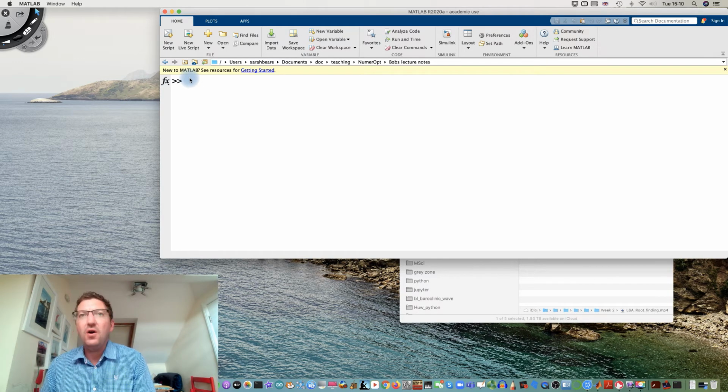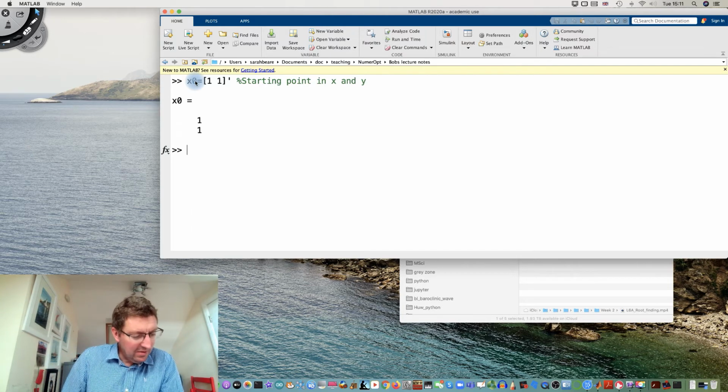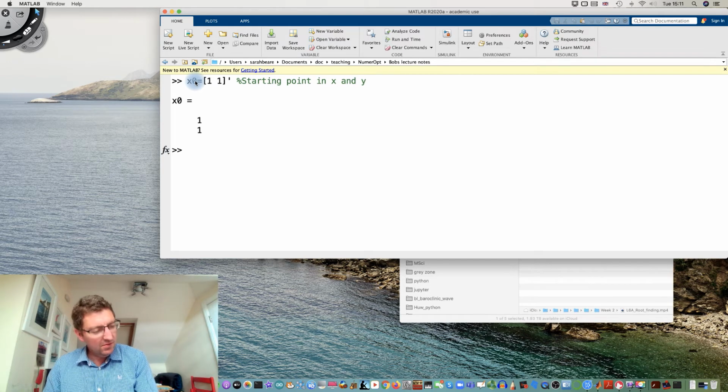In MATLAB, I'm going to define x0, the starting point, and it's going to be 1, 1, and it's a column vector, so I transpose it. This is the starting point in x and y. So that's no surprise. Then I'm going to define a Jacobian at 1, 1, which is minus 4, minus 4 on the top row, then 2 and minus 2.